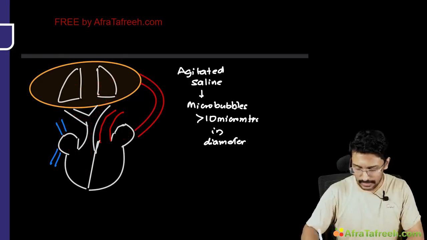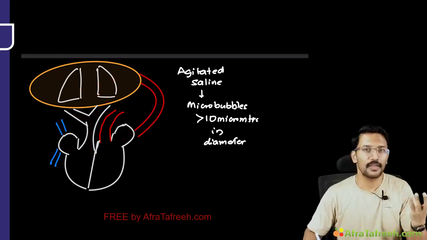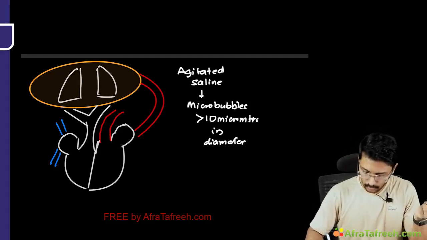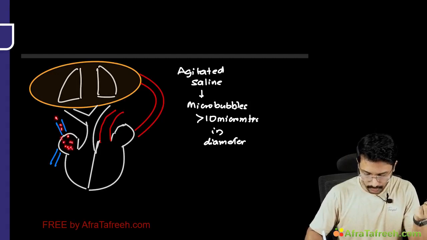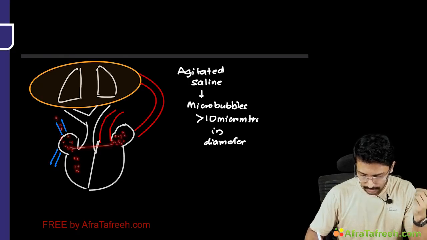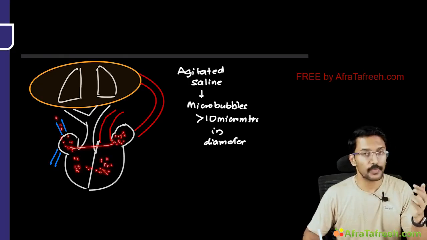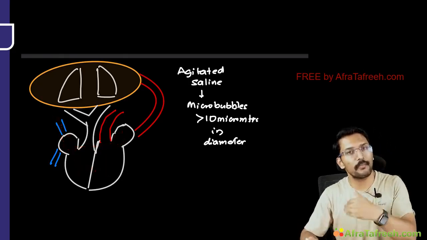But what if there is an intracardiac shunt itself? If there is an interatrial or interventricular septal defect, like an ASD or VSD, all these bubbles which came to the right side of the heart will enter the left side. So they can become evident on the left side much earlier, right?